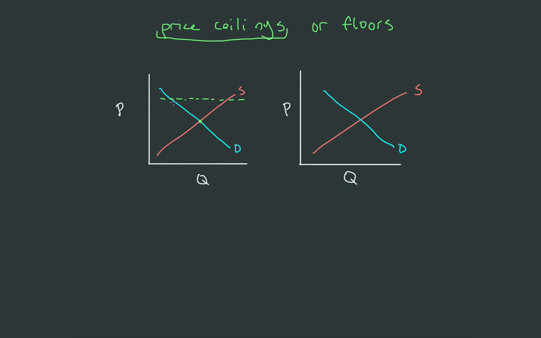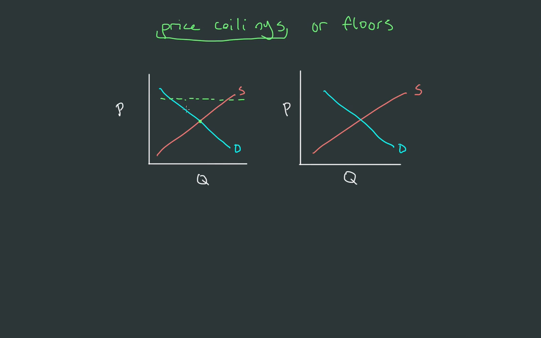Well, if the government sets a maximum price of, say, $5 a gallon on milk, it's not really going to have an effect. If milk is selling for $2 a gallon right now in the market, and tomorrow the government announces that the maximum price will be $5 a gallon, well, that doesn't change anything. You're still going to be buying milk for $2 a gallon.